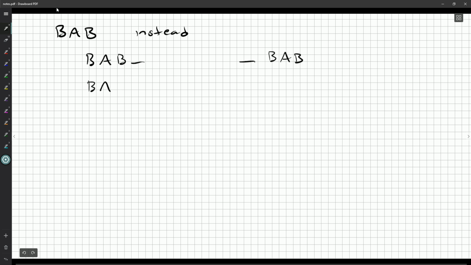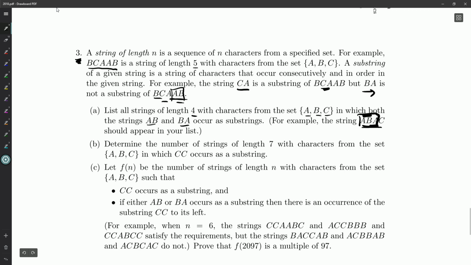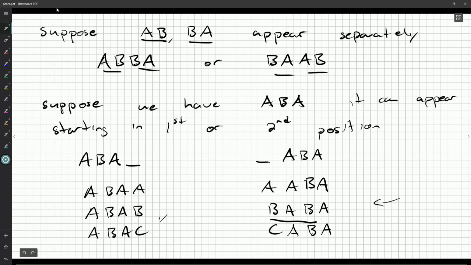So we can have A's, or we can have B's in those spots, or we can have C's. But those are the only characters we're allowed to use. And that's it. Now, the one that they give me, it was ABAC. So we should have that. Yeah, that's the one they gave me.